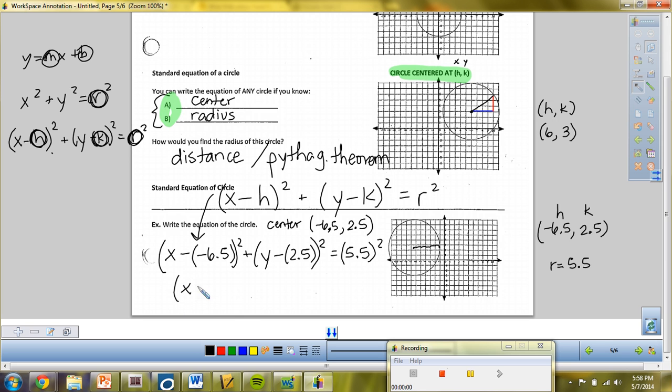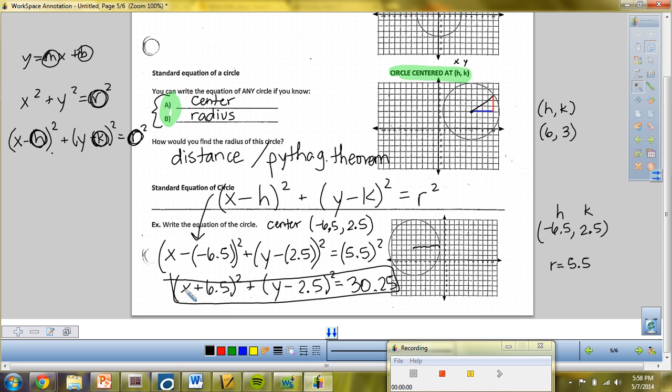I am going to have x plus 6.5 squared plus y minus 2.5 squared equals my 5.5 squared, which gives me 30.25. This is my final equation. There's nothing else I need to do here.